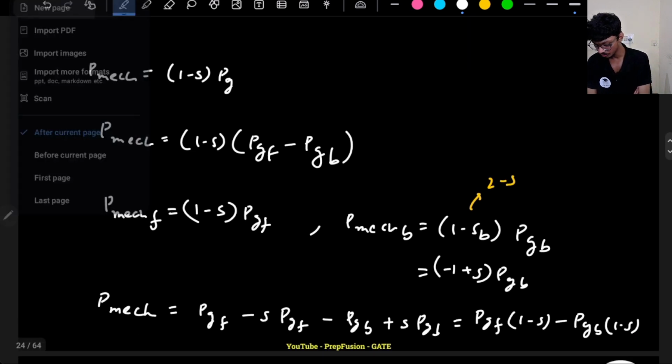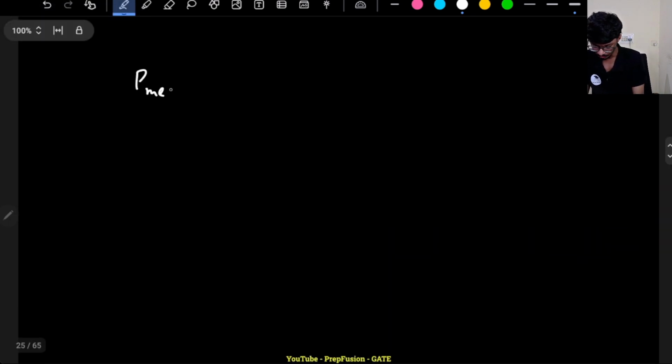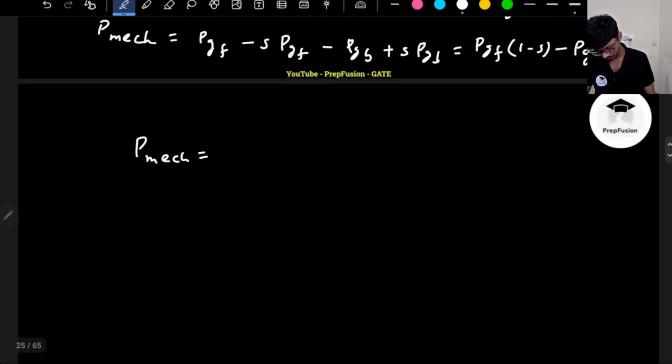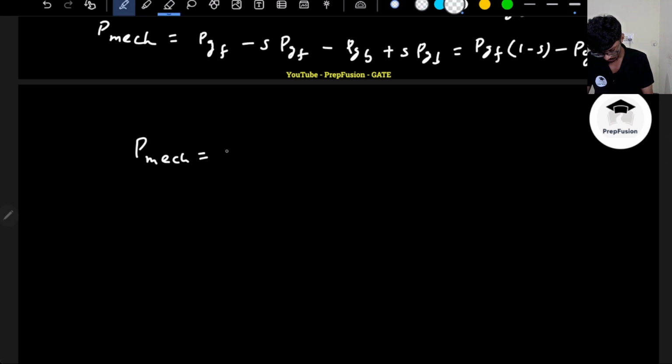So ultimately your mechanical power output comes out to be 1 minus S into PGF minus PGB.